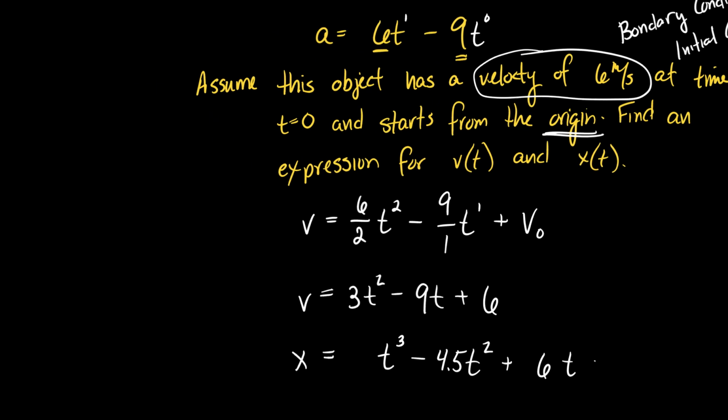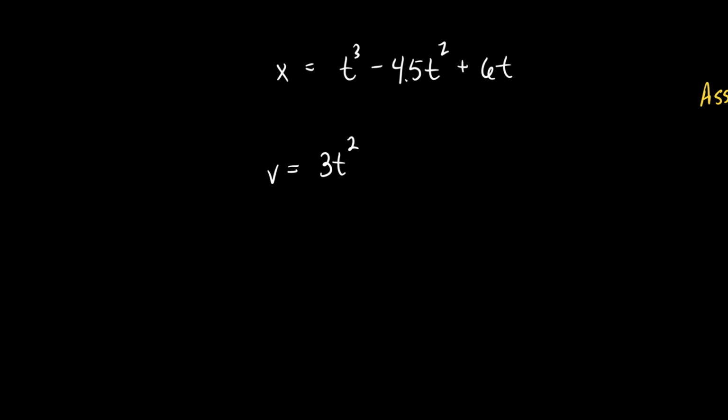So when I'm all done, I have x equals t cubed minus 4.5 t squared plus 6t. My velocity is 3t squared minus 9t plus 6, and my acceleration, which began all this, was 6t minus 9.